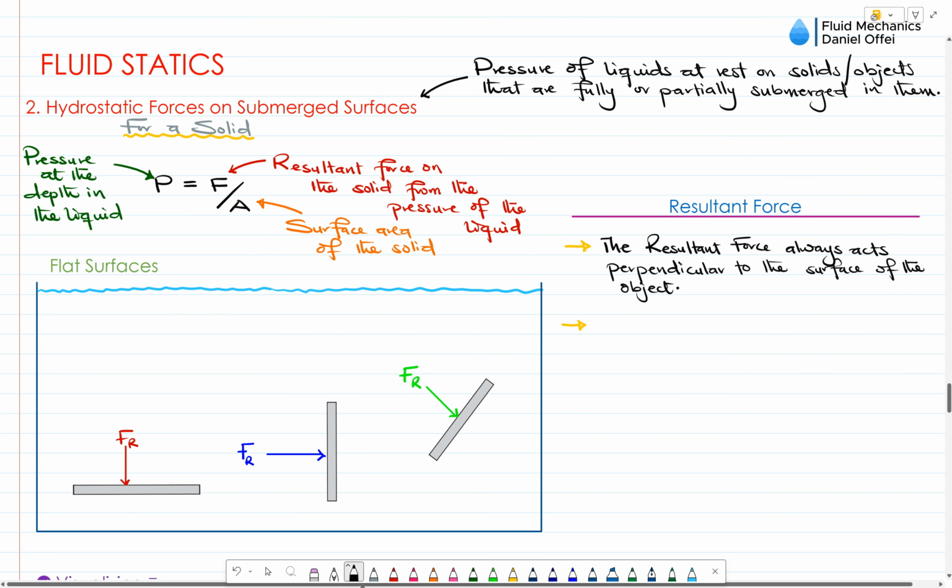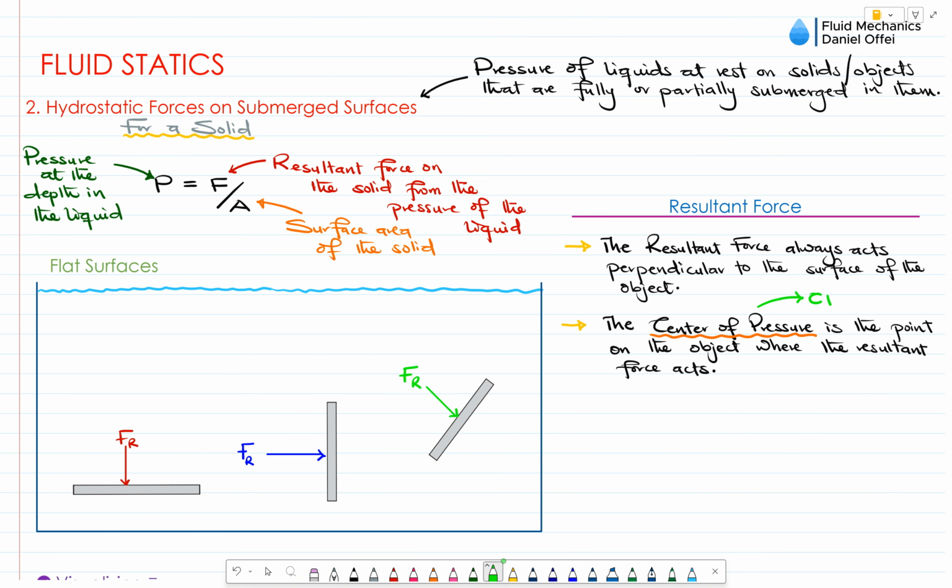The center of pressure is a point on the object where the resultant force can be found. 3.